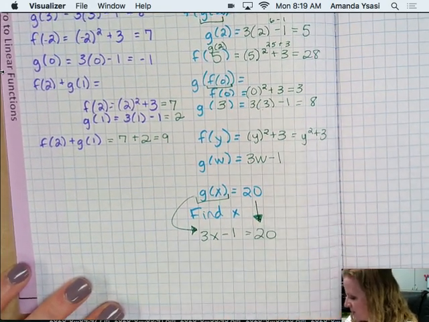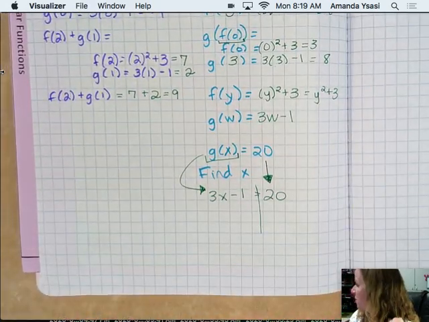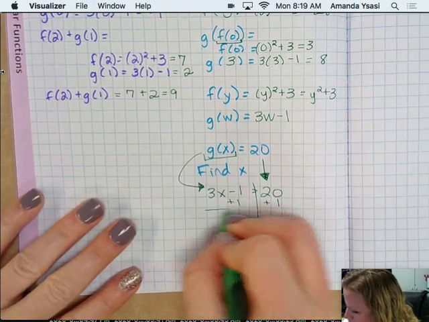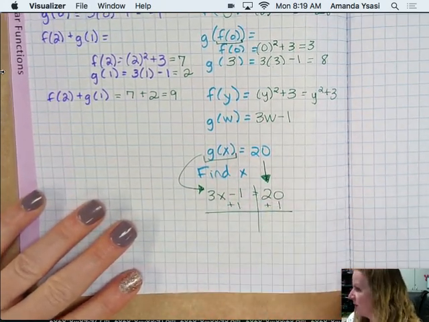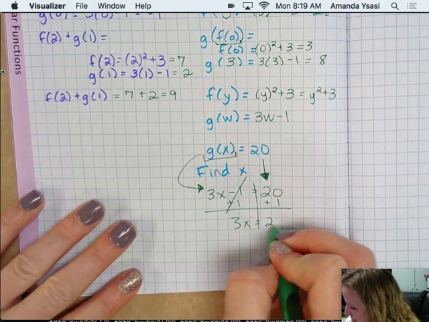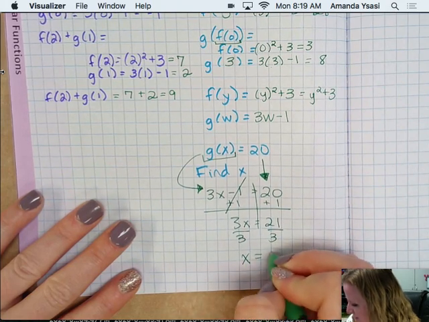So now we need to find x. A lot of y'all were doing this in your head, which is perfectly fine. But whenever it gets a little harder, we're going to need to make sure we can do it this way also. So it'd be 3x equals 21. Divide by 3. So x equals 7.